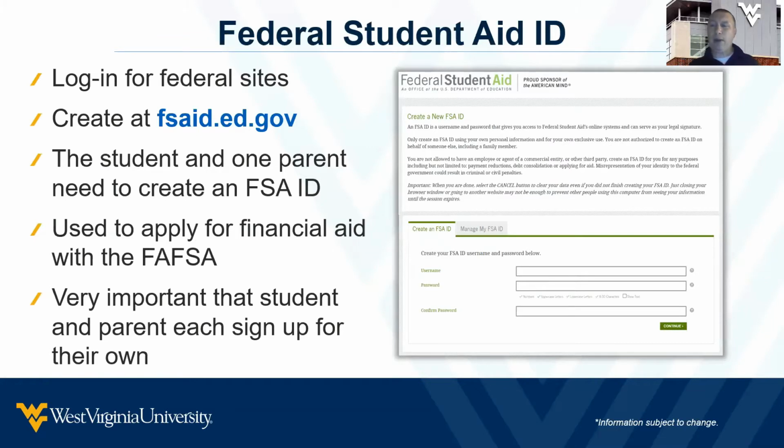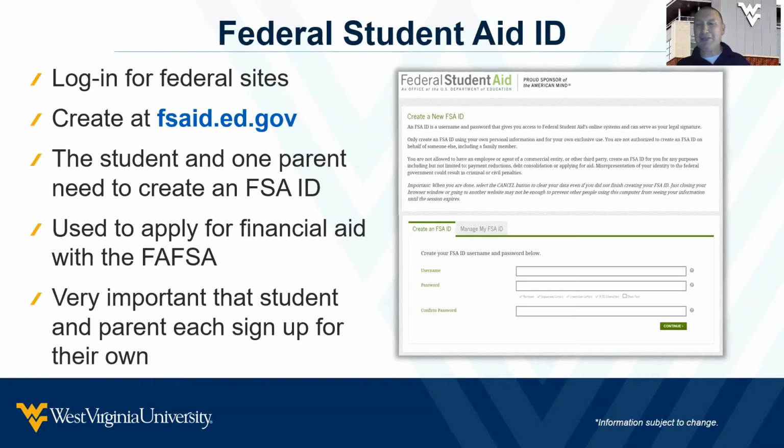Now with that, there's a couple of things that you want to make sure that you create. To log in for federal sites, you must create an FSA ID. And you can do that by logging into fsaid.ed.gov. The student and the parent will create their own separate FSA ID.